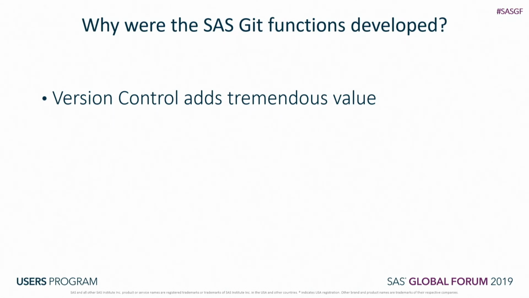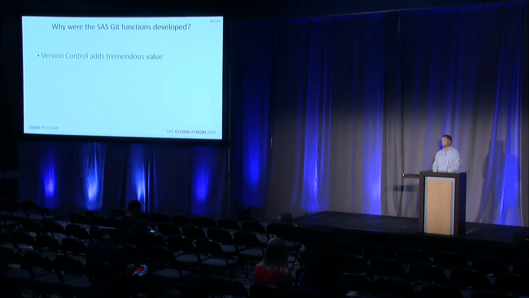So why were the functions developed? First and foremost, version control adds tremendous value to any workflow. Being able to version your files, keep track of any changes, and revert back to changes is a powerful thing to have in SAS development, and it just helps.